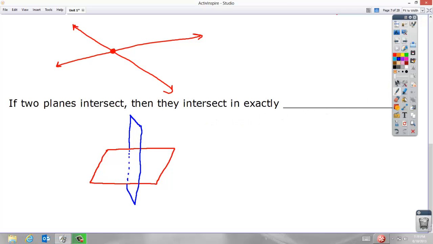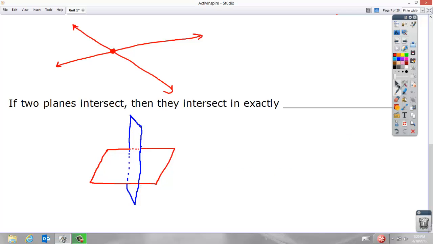Kind of like that. And this is usually what you get from somebody when they're trying to draw planes that intersect. This is a pretty typical picture of what you'll get. But it's still not easy to see, I guess you could say, where they intersect.